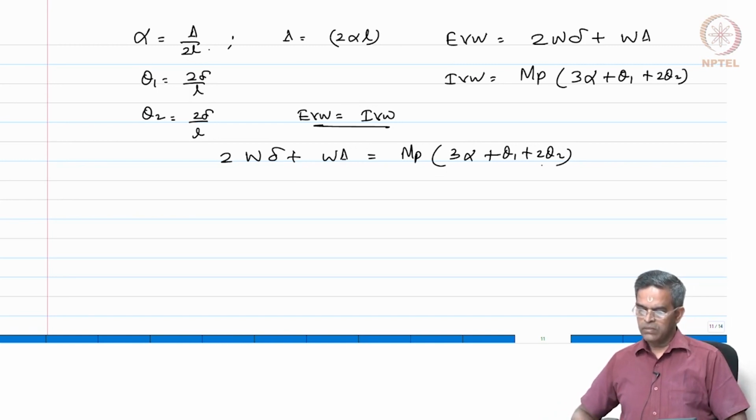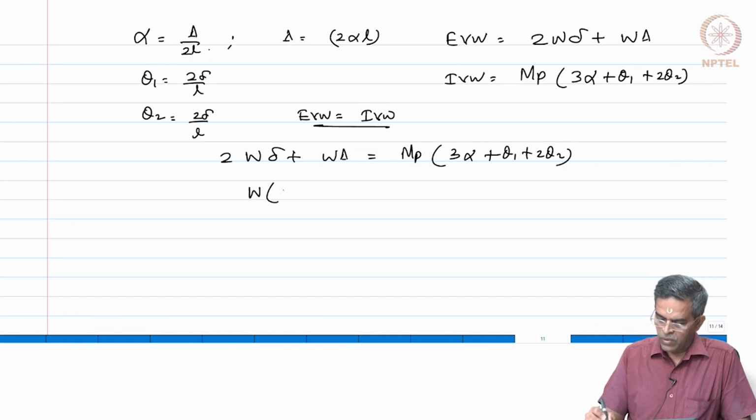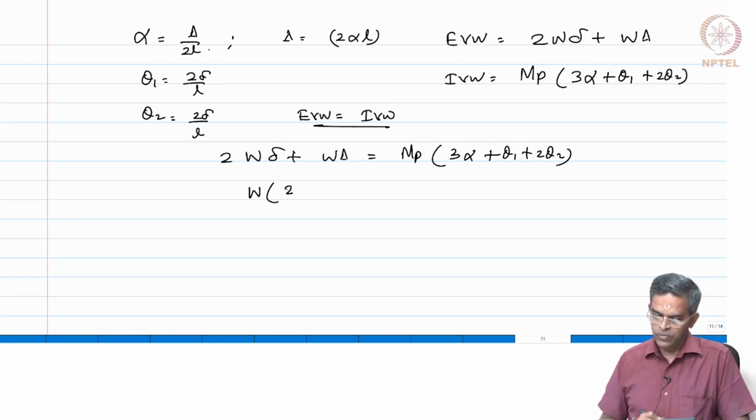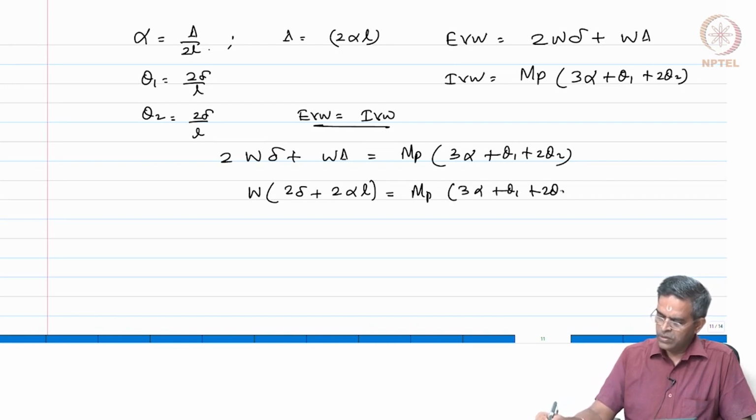Okay. So, let us express everything. So, let us say W times of 2 del plus 2 alpha L, which will be equal to MP times of 3 alpha plus theta 1 plus 2 theta 2.